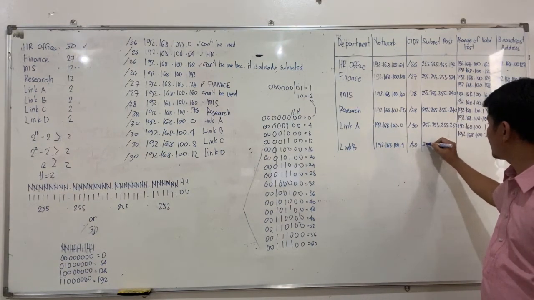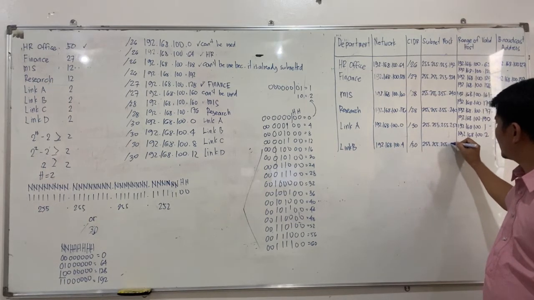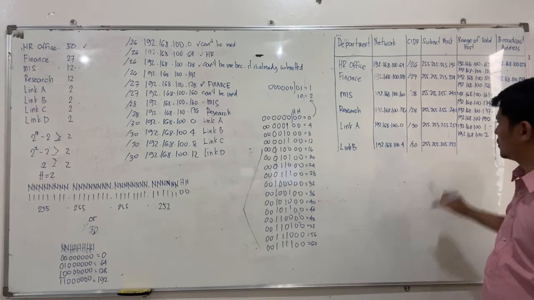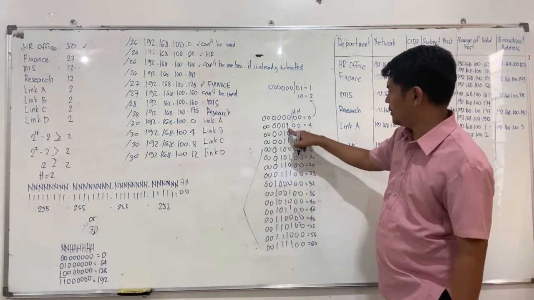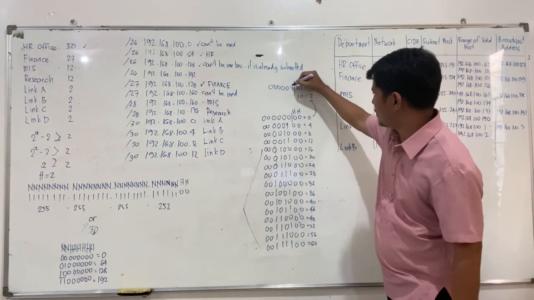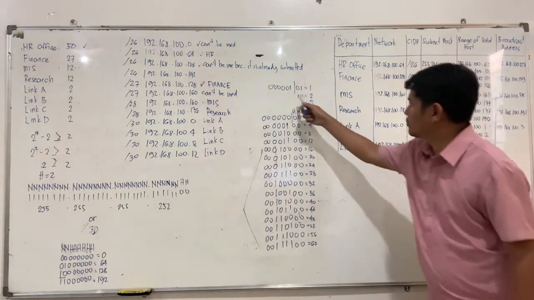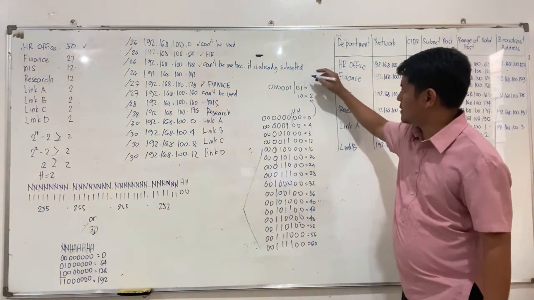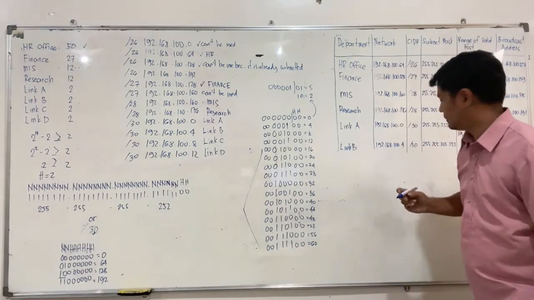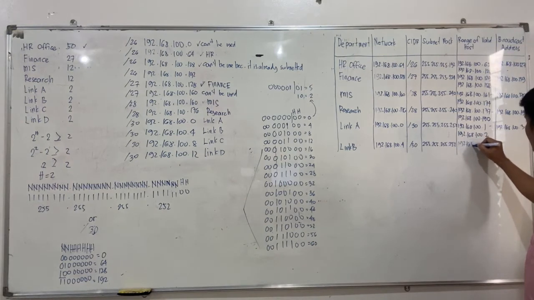Subnet mask 255.255.255.252. First valid host, 4 plus 1, that is 5: 192.168.100.5.